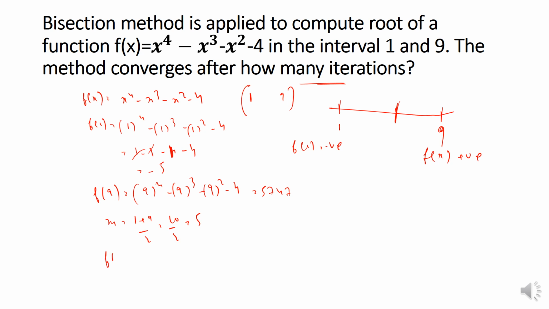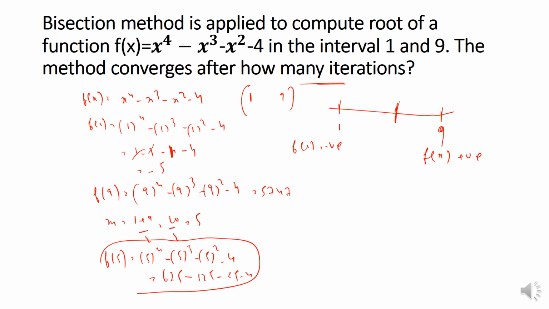Now we have to find the value of f of 5. f of 5 is 5 power 4 minus 5 cube minus 5 square minus 4. 5 power 4 is 625, so the value is 625 minus 125 minus 25 minus 4, which will be positive.